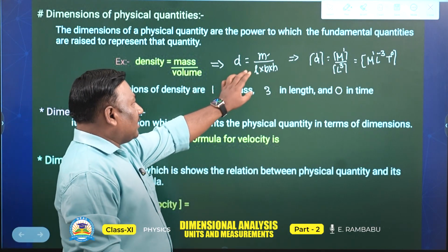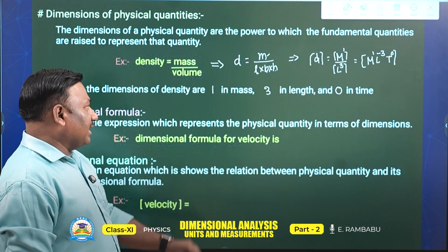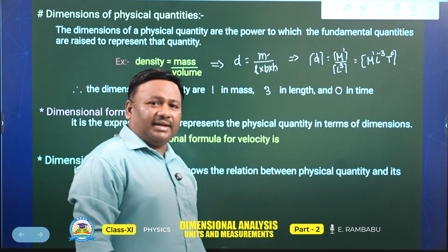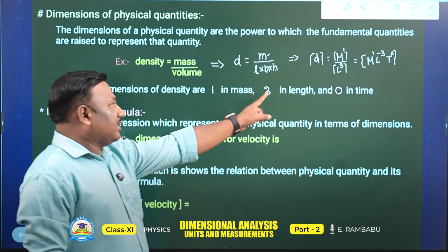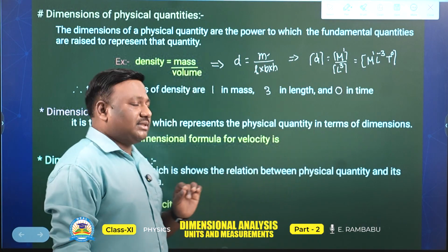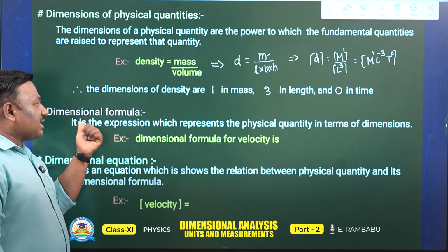Here mass I used one time, length I am using 3 times, and time is not used. Okay, and after that, dimensional formula.